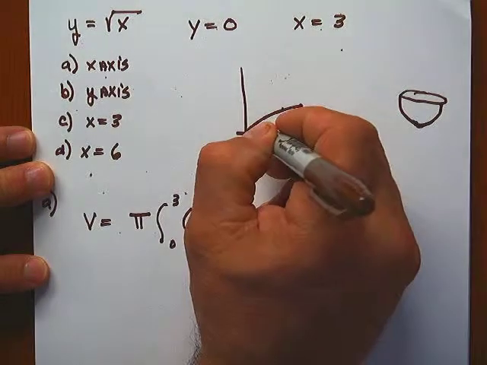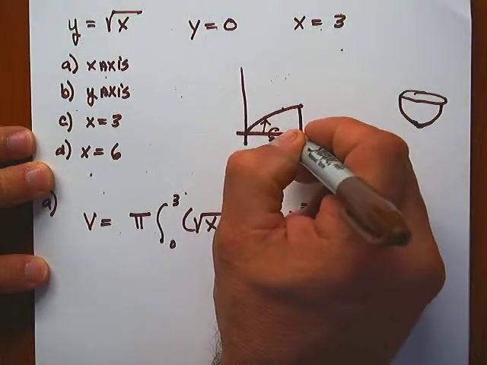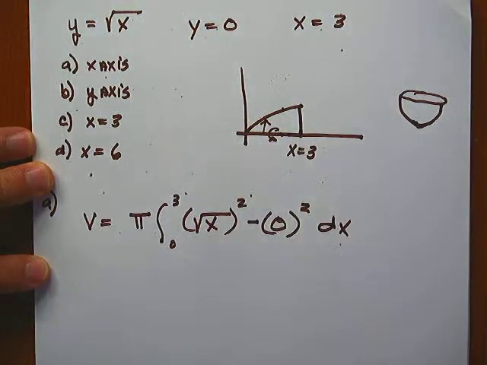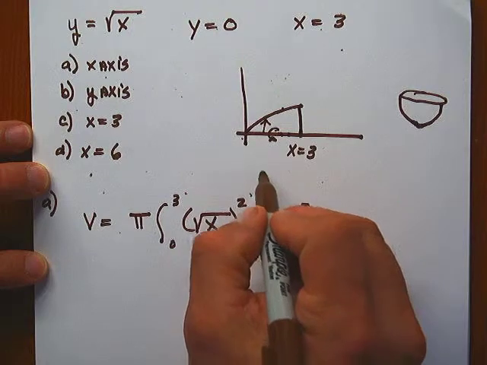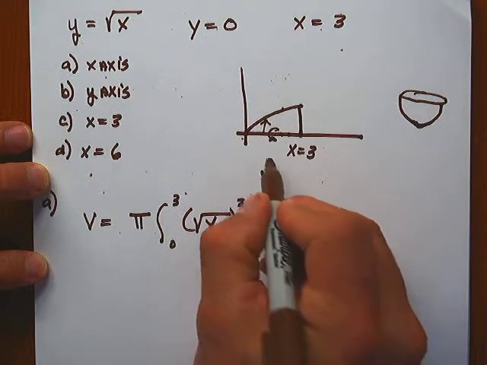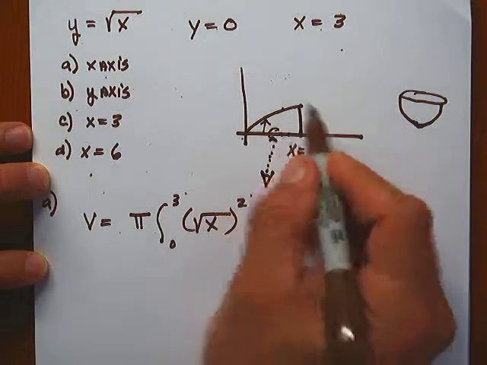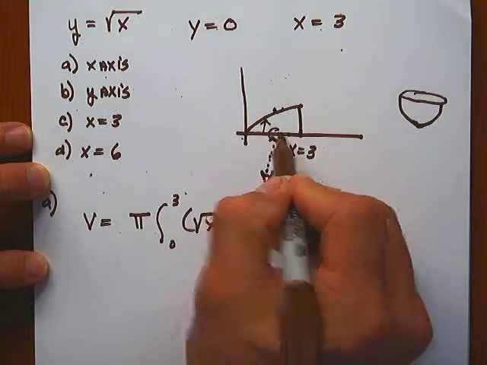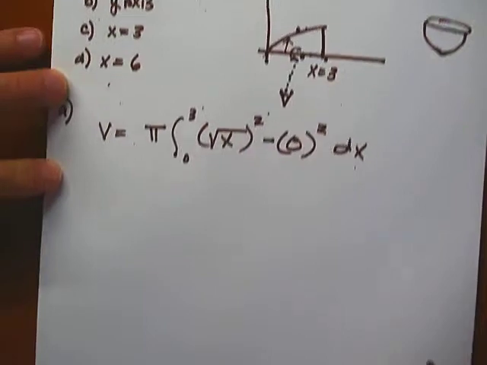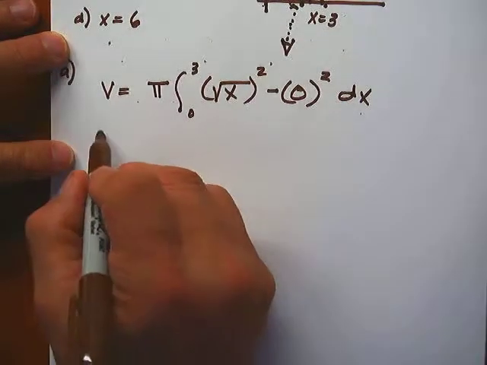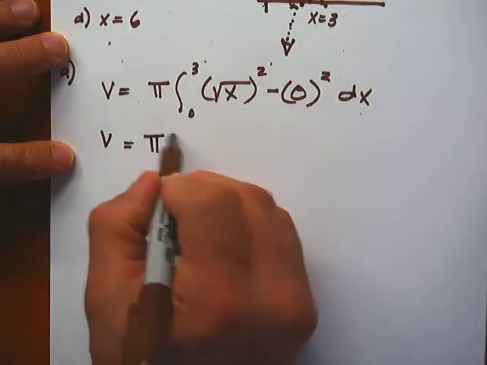Upper minus your lower. Here's the upper, and the lower is right here. And you're going from 0 to 3 because you're looking at it from the x-axis. So integrate.